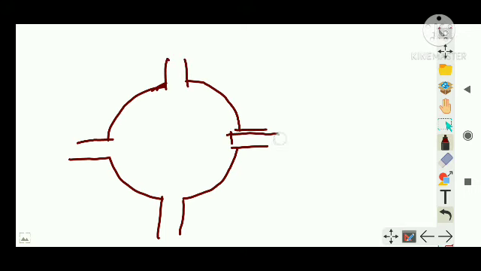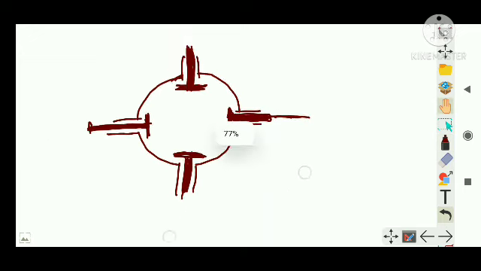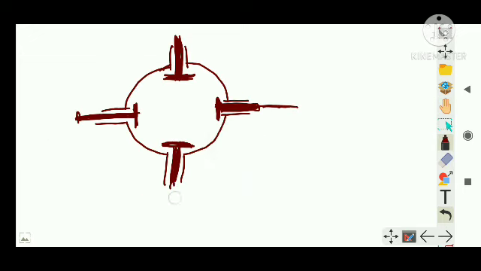Let's say there is a piston, which can move inside and outside, and it can block the opening here. Similarly, there is another piston here, which can move to and fro, a piston here, and a piston here. You can move it again and again.